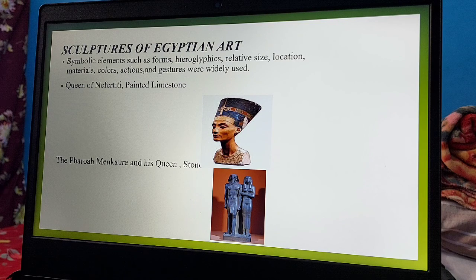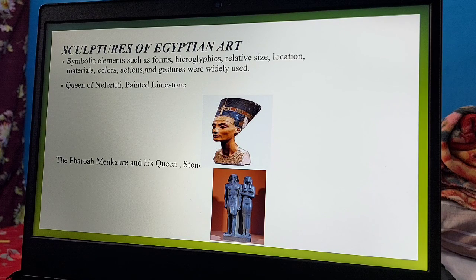Sculptures of Egyptian art use symbolic elements such as forms, hieroglyphics, relative size, location, materials, colors, actions, and gestures, which were widely used. So this picture, the first picture, was the Queen Nefertiti, painted limestone.